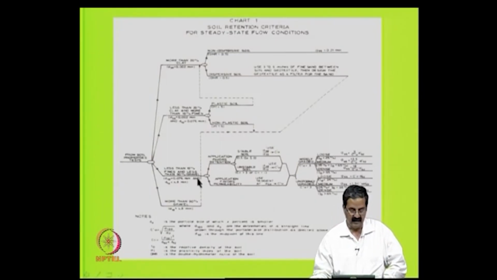Many of the materials fall into this category, because they will have less than 10% fines and less than 90% gravel. We should also understand that there is a difference in terms of application. Do you want water to flow, so the application should favor permeability, or do you want soil retention?